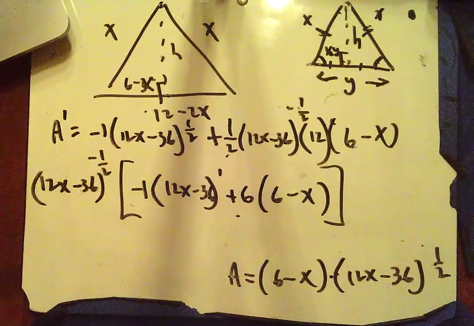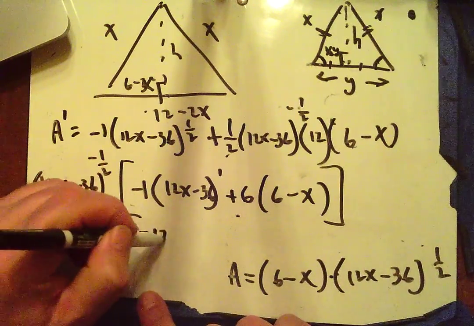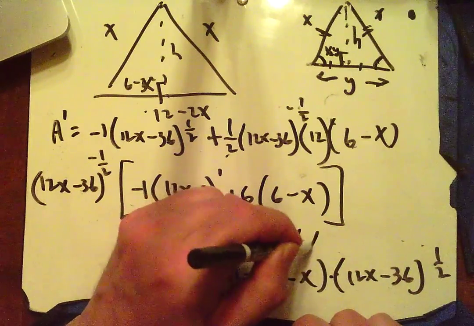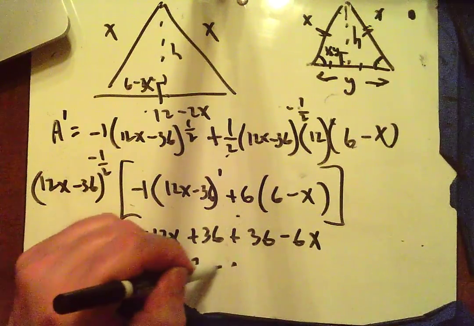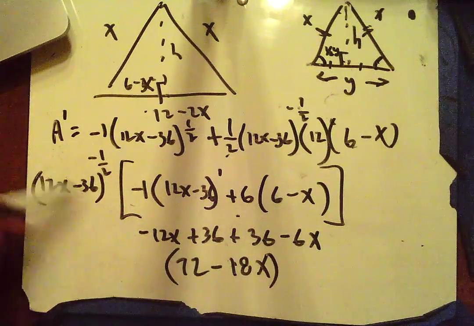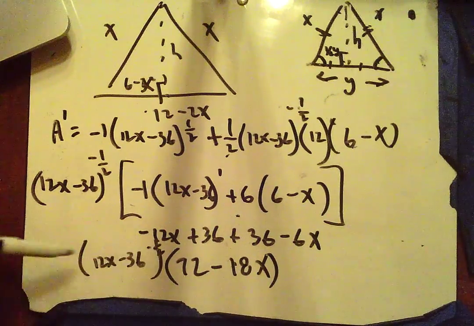Okay, so that's what's left over. And if I tidy up the stuff here, minus 12x plus 36 plus 36 minus 6x, that's going to be 72 minus 18x. And then out here, we've got 12x minus 36 to the negative 1/2.